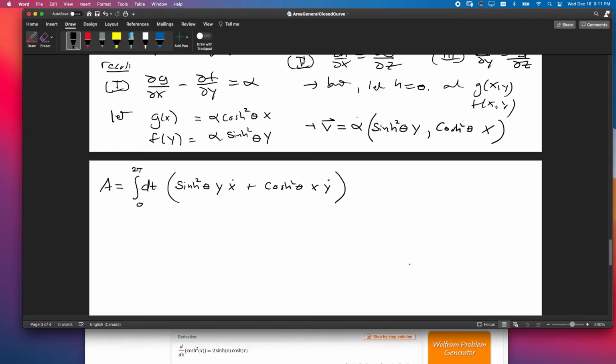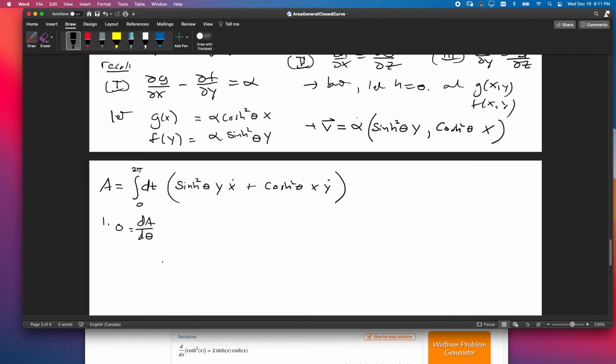Okay, so I see two ways to go about doing this. The first way is to say that dA over d theta has to be equal to 0.